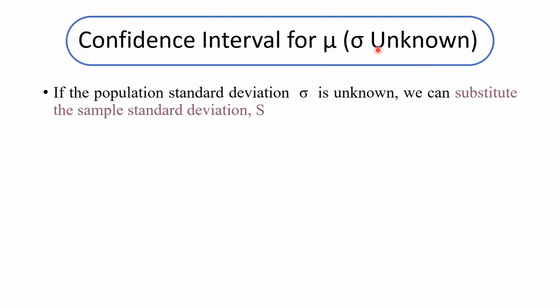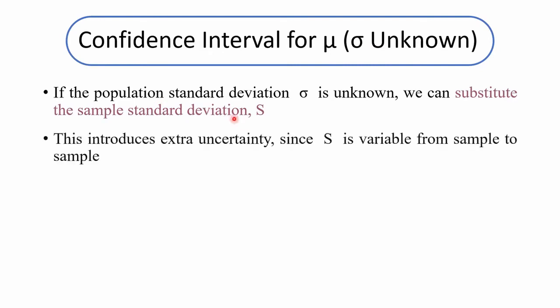Now, if the population standard deviation is unknown, we can substitute it by the sample standard deviation, right? By substituting it with the sample standard deviation, it introduces extra uncertainty, since S is a variable from sample to sample. Say you have 4 samples, your first sample standard deviation might not be the same as your second sample standard deviation, and your second might not be the same as your third.